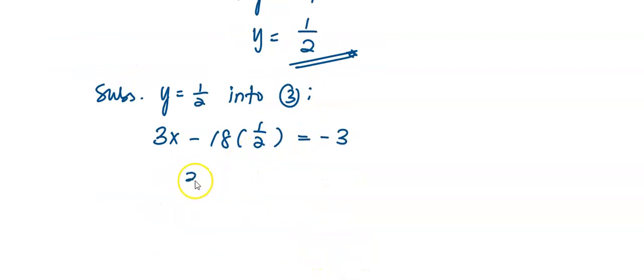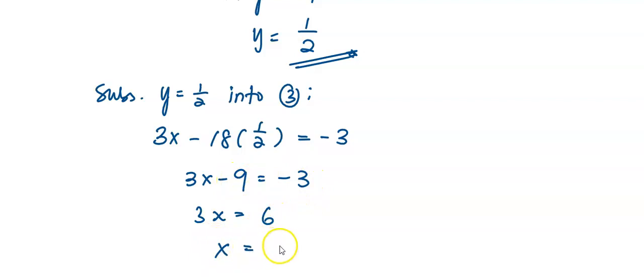Then I have 3x minus 9 equals negative 3, followed by 3x equals 6, because negative 3 plus 9, you get 6. Then we have x equals 2. So the solution for the last example is x equals 2 and y equals 1 over 2.